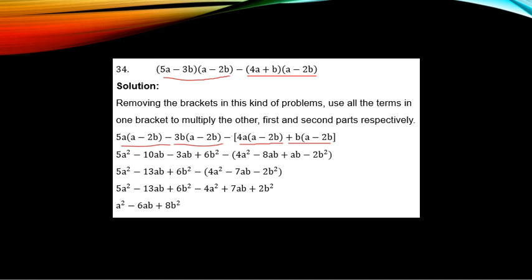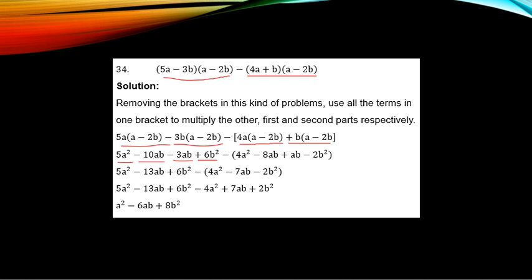Okay? So 5a times a, you have 5a squared. 5a times minus 2b, you have minus 10ab. Minus 3b times a, you have minus 3ab. Minus times minus is plus. 3 times 2 is 6. b times b, you have b squared.